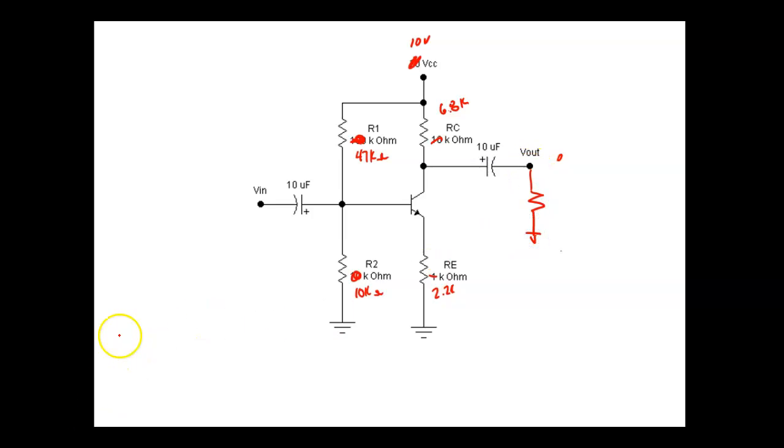So 10K divided by 57K times 10. You can just drop the K's off because they're on top and bottom, right? So 10 divided by 57 gives us about 1.75 or something. So that's going to be VB. So VB equals VR2.